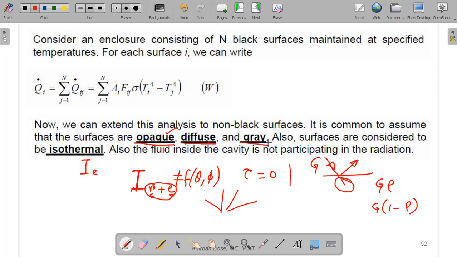The third assumption for the non-black surface is that we are considering it to be a gray surface. By considering a gray surface, what we mean is that this intensity is also not a function of wavelength. So we are considering that the properties are not functions of wavelength; with the change of wavelength, it is not going to change. This is the meaning of a gray surface.